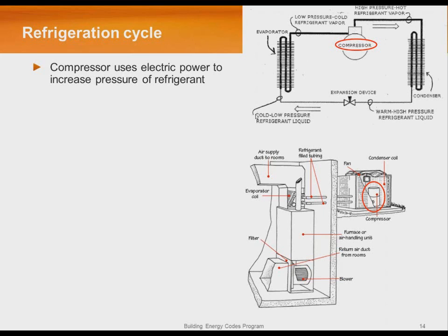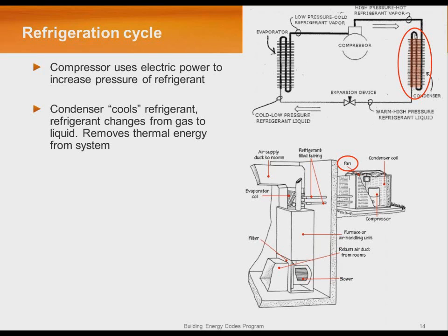That hot gas then moves out to the condenser, and it makes the condenser hot. There's a fan blowing air through that condenser that rejects the heat to the outdoors, and then we end up with a hot refrigerant liquid. That liquid comes back here, and it goes through an expansion device.